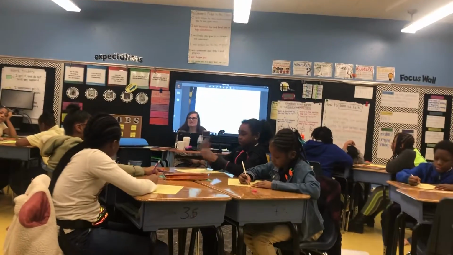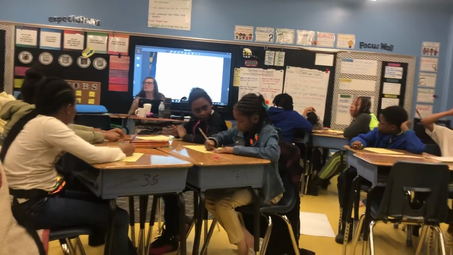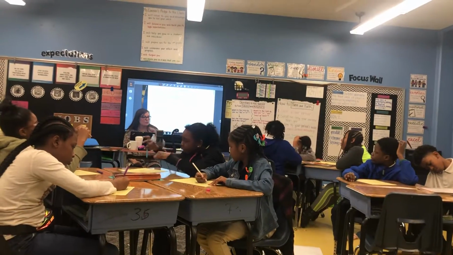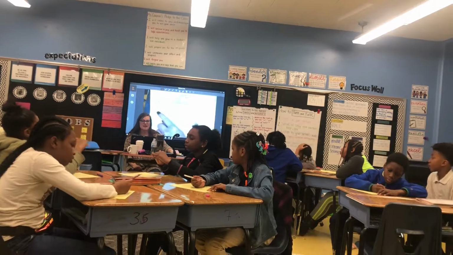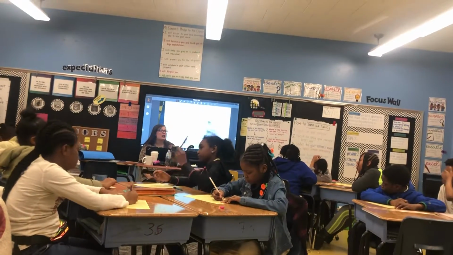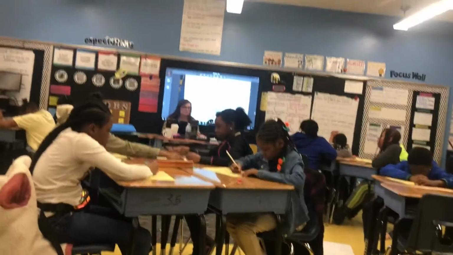It also leads us to be able to write a summary about the text, because the details in the text we use in our summary. Also, if you look at RI 4.2, it says summarize the text. So being able to determine the main idea and the key details allows you to summarize the text. It makes it a lot easier.